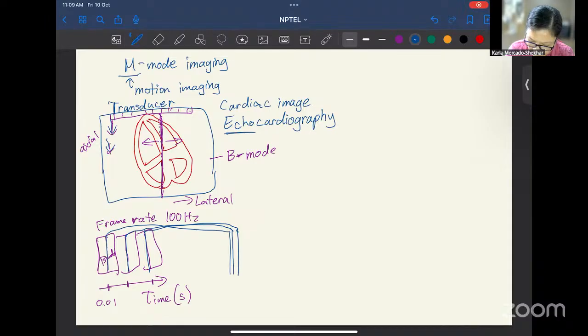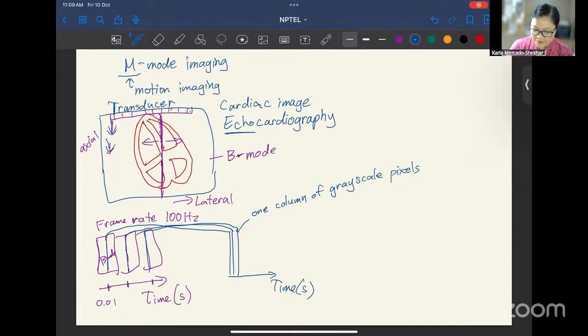Now, these are just the grayscale pixels. Each of these M mode lines is one column of grayscale pixels. What it's now plotting is this as a function of time.